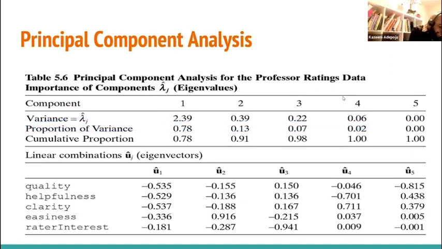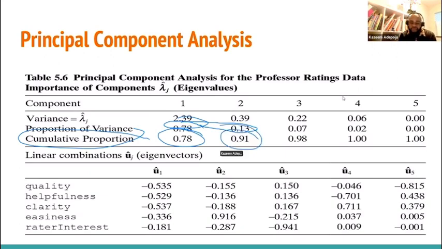Now, if I want to get that cumulatively, of course, the first component is 0.78. If I want to use a combination of the first and the second principal component, that accounts for 91%. If I combine the first three principal components, that accounts for 98%.